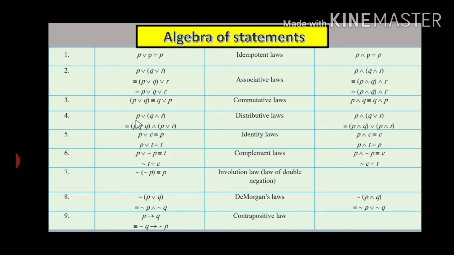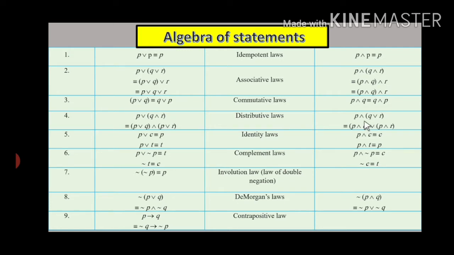This P gets ORed with every statement inside the bracket. So, P or Q and P or R, and in between you put the connective which is between Q and R. This law is called the distributive law.